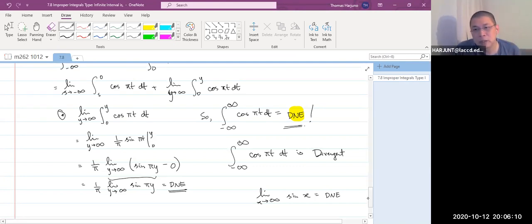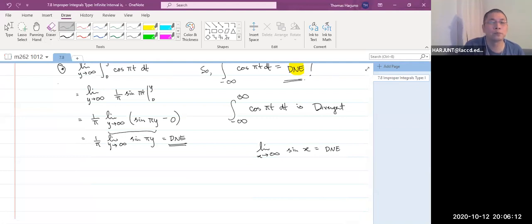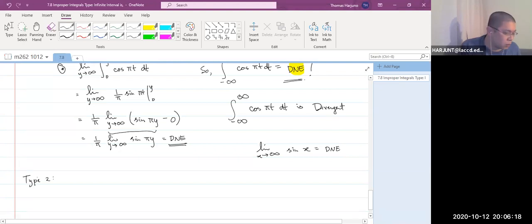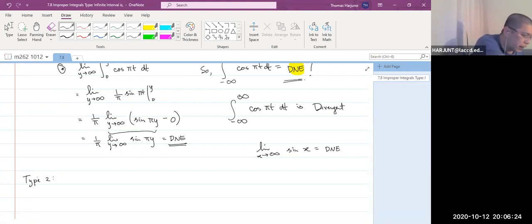Okay, the second, type 2. Type 2 is the integral that contains an interval that goes to infinity.